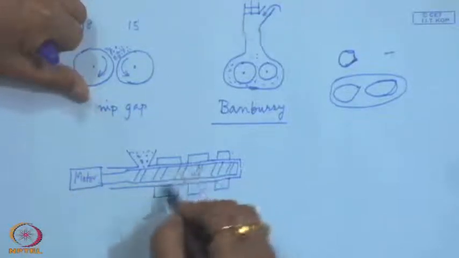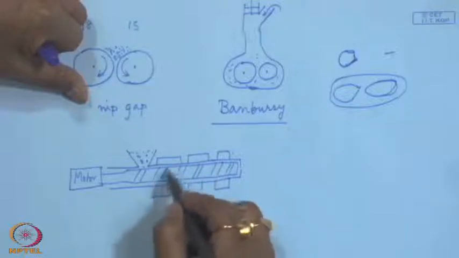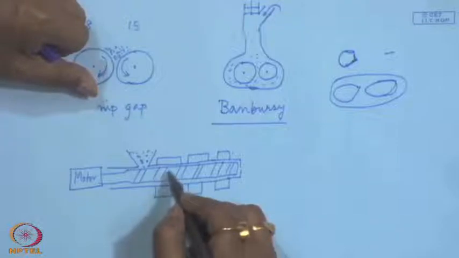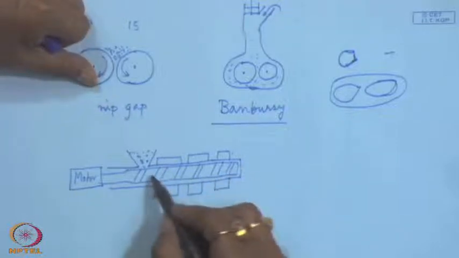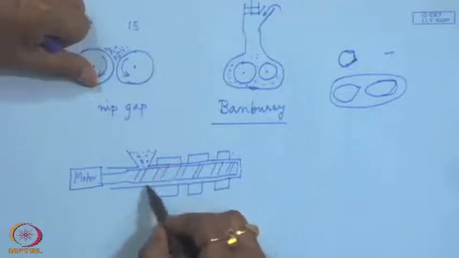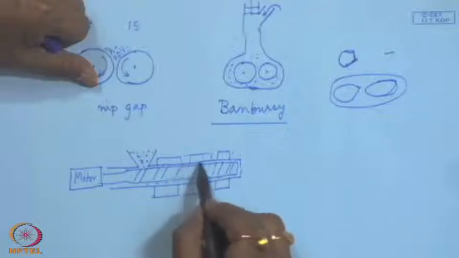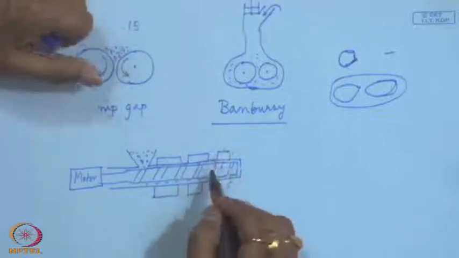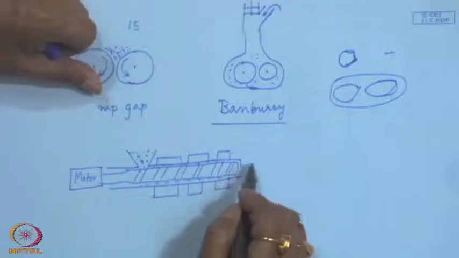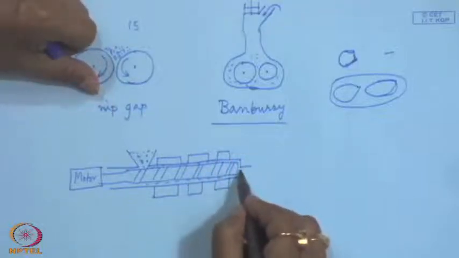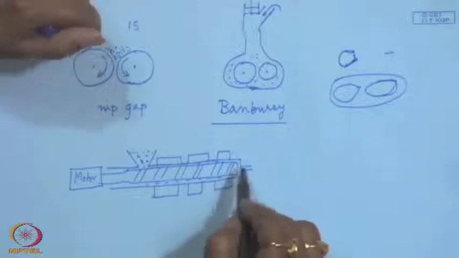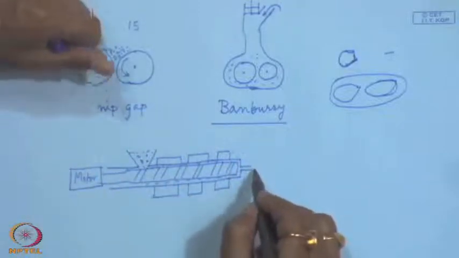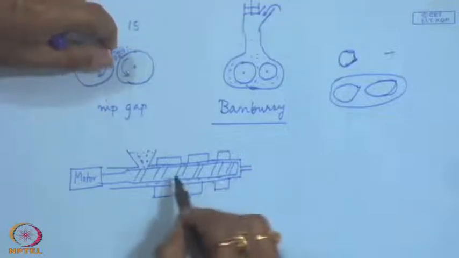The motor rotates the screw and this gives enough shear action between the barrel and the screw of the extruder, and the polymer is carried along with some heating provision. So, it decreases the viscosity and gives efficient mixing or blending of the component polymers, and then ultimately it comes out of the die.